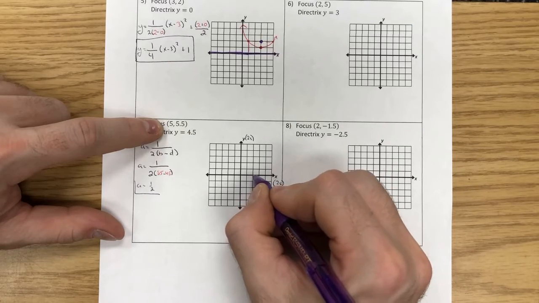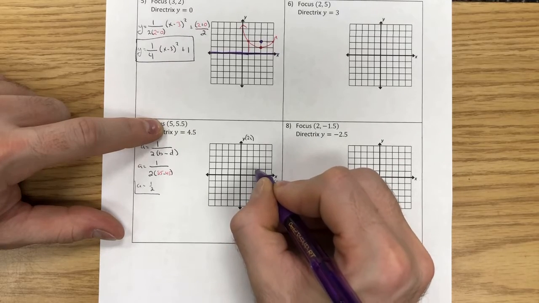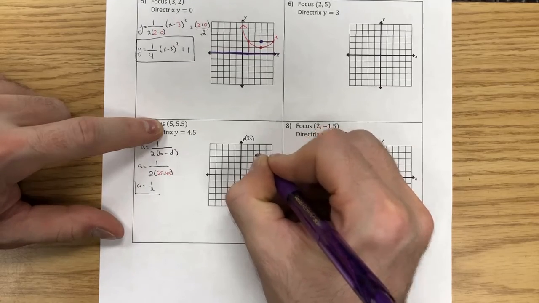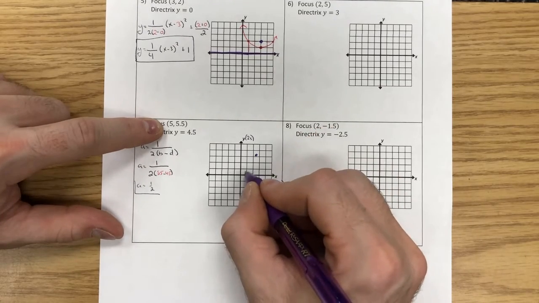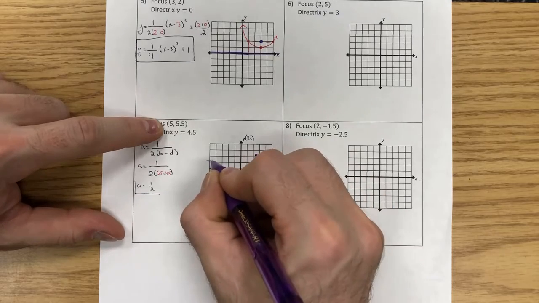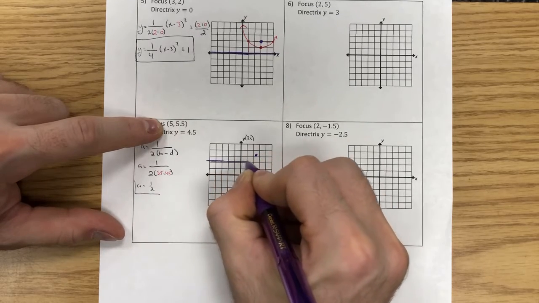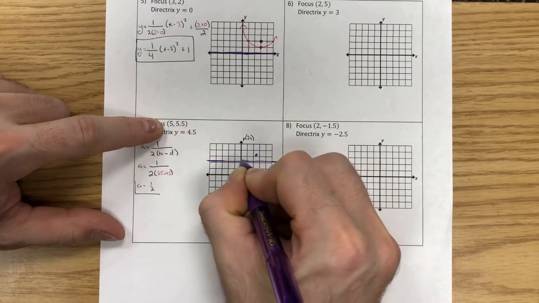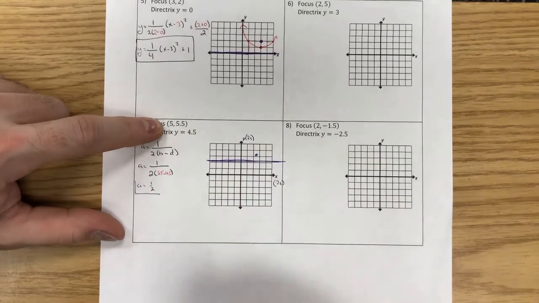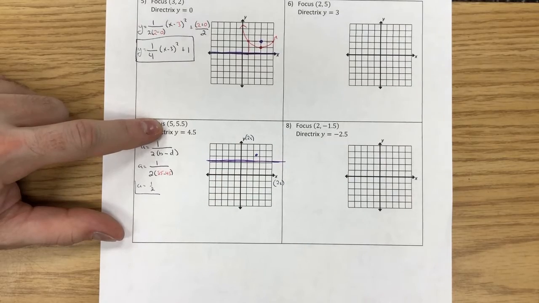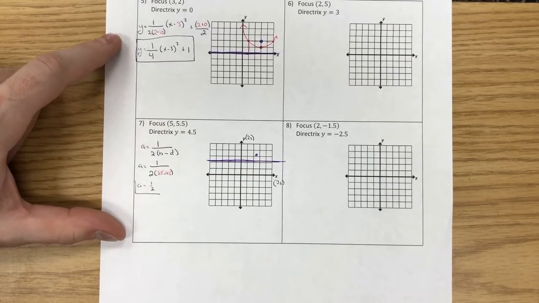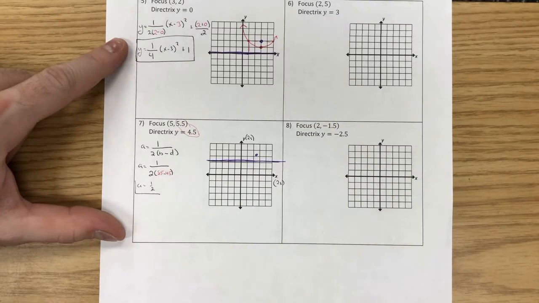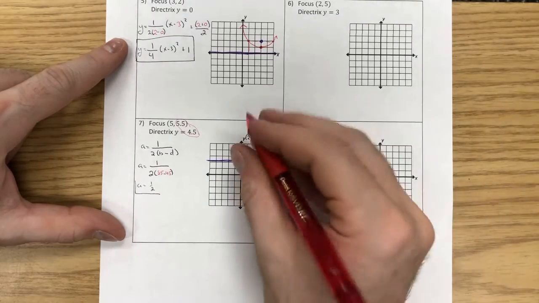So at 2, 4.5, and 2, 5.5. Awesome. So I know I have those 2 points. And then to find my vertex, I'm just going to find what is exactly between 4.5 and 5.5. That's right, 5.